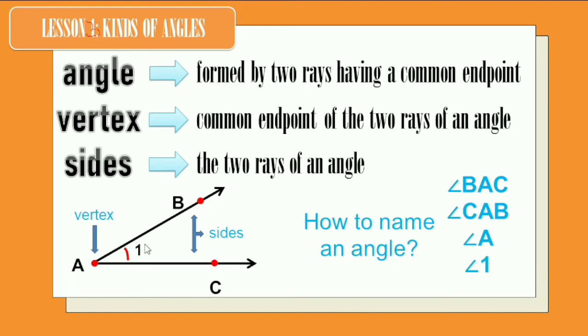Pwede rin yung small letter lang, X. Edi angle X. So, kung mapapansin nyo dito sa ating una, BAC and CAB, sa pag-name natin ng angle, dapat yung vertex ay nasa gitna, pag gagamitin natin yung 3 points ng ating angle. Or pwede rin naman na yung vertex lang mismo. So, those are the ways on how to name an angle. Kung saan kayo comfortable, yun yung i-name nyo sa angle.